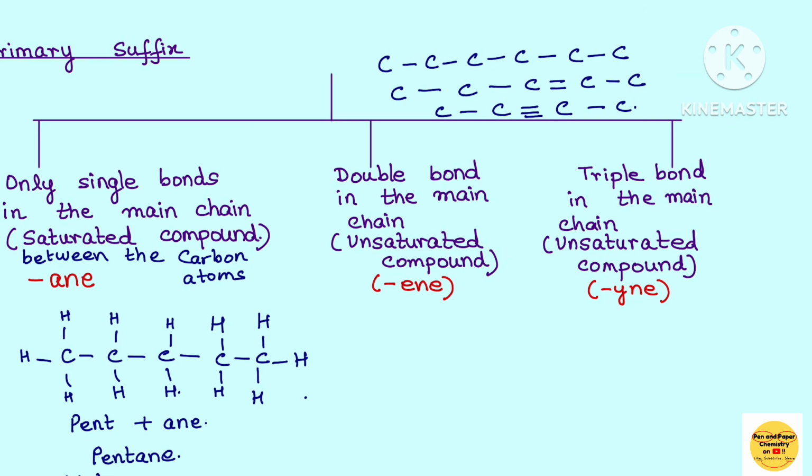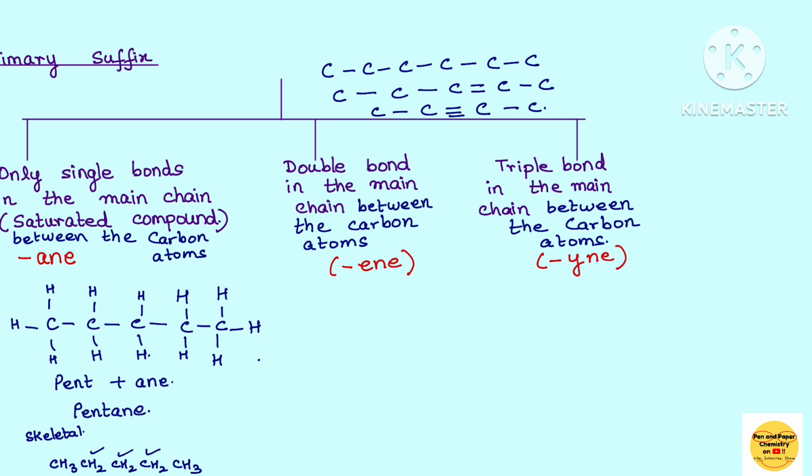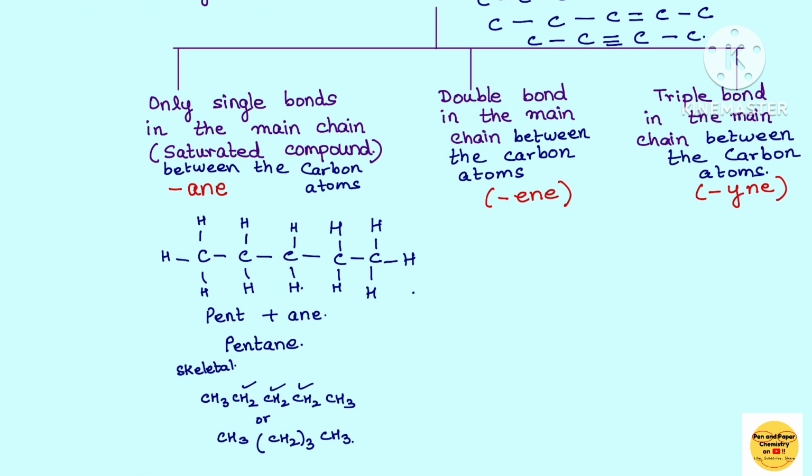What if there is even a single double bond in the main chain? Then what? As soon as even a single double bond comes in the chain, it no longer remains an ane. Now what does it become? Ene. Double bond in the main chain between the carbon atoms.